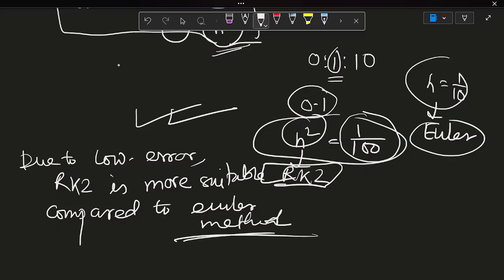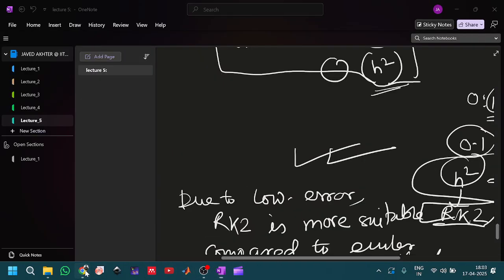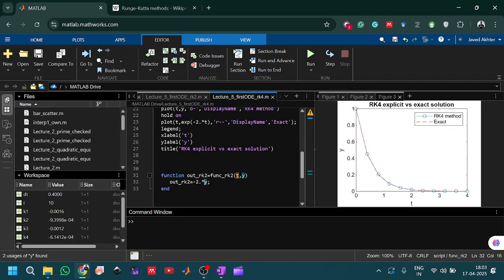In this way, you can also calculate the order of error in the case of RK4. This is how you can solve any first order differential equation. In the code, you only have to change the function. Your function can be very complex, and you just have to change the functional form here.